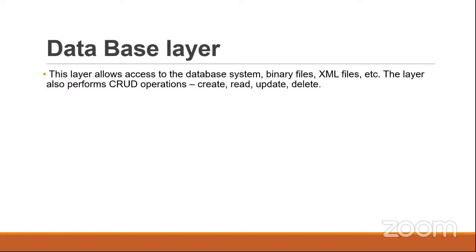So that can be binary files, XML files, or images, audio, video. Basically, this layer allows us to perform CRUD operations. So what are the CRUD operations? Create, read, update, delete, etc. So we can say manipulation of data.